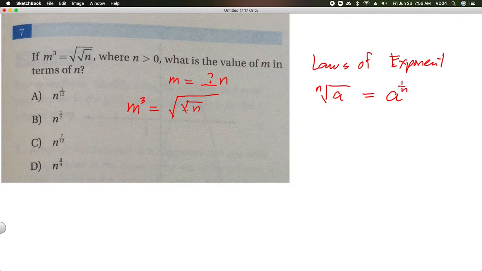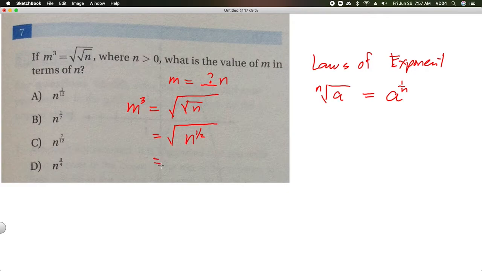Therefore, here we can write the square root of n as n raised to 1 half, because the square root is an index of 2. That is the square root of n inside another radical sign here. And so this radical sign, we're going to transform that as well into an exponent.